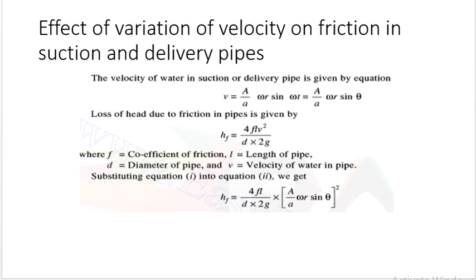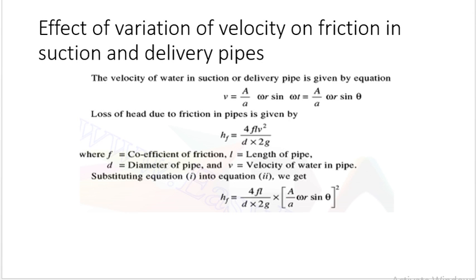Now put the value of V, small v, from this equation in the value of hf. If we put the value of V in this hf equation, we will get 4 f L upon 2 d g into capital A by small a omega r sin theta whole square.